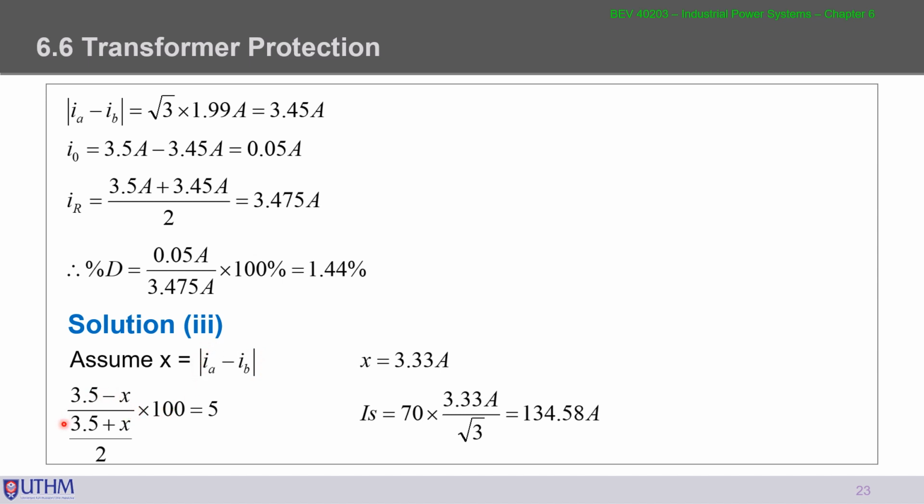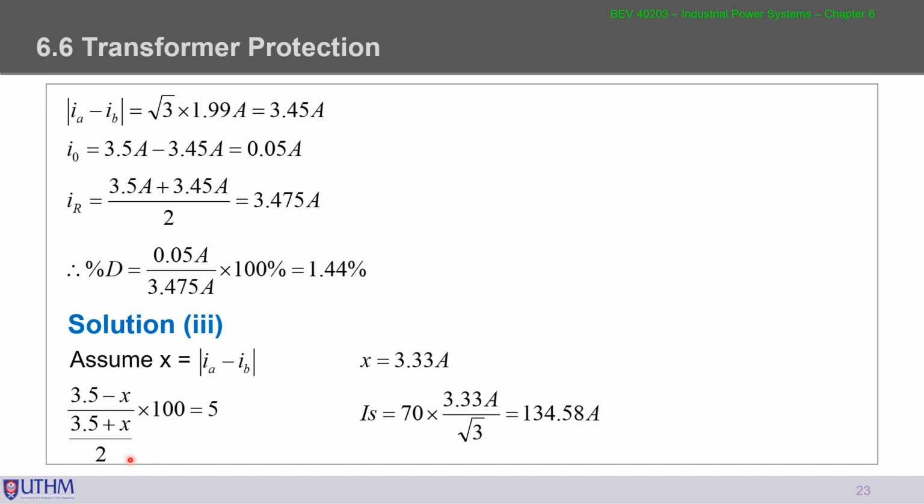So by using this formula, IR, and then we get the ratio is equivalent to 5%. This is given in the question. Sorry, this is the setting. The setting of the differential relay is 5%.